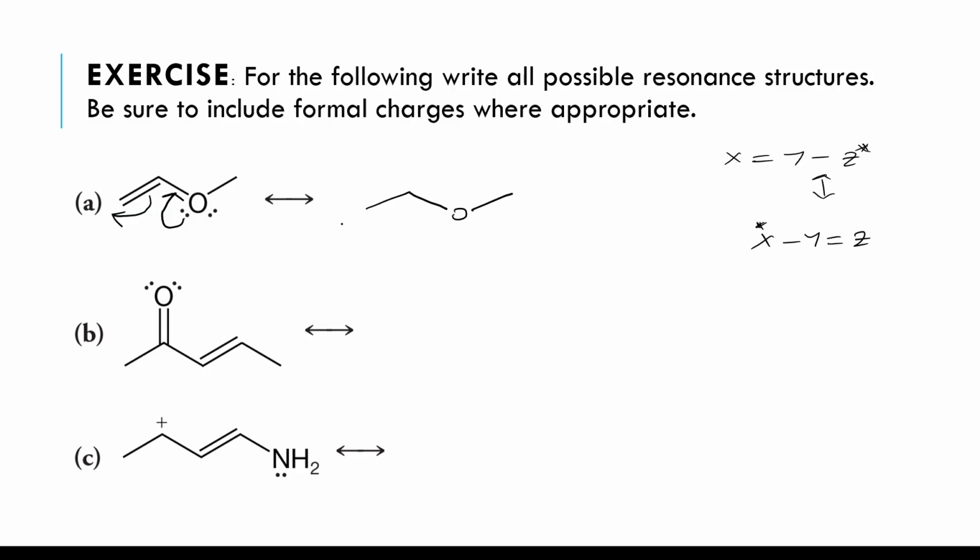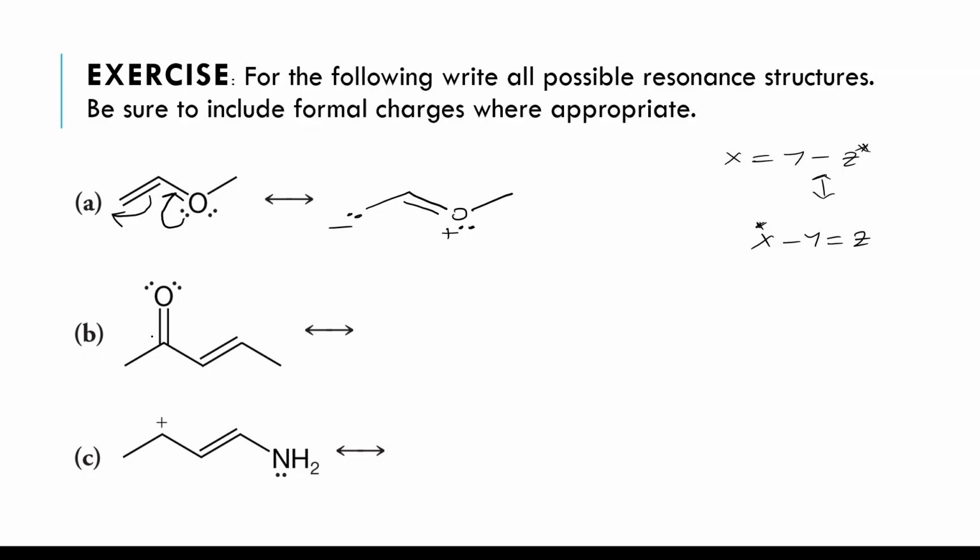So the resulting structure will be, there will be a lone pair on this carbon with a negative charge, and there will be a pi bond between carbon and oxygen, and on oxygen instead of two lone pairs we will have just one lone pair, and there will be a positive formal charge on oxygen. So this is a possible resonance structure.